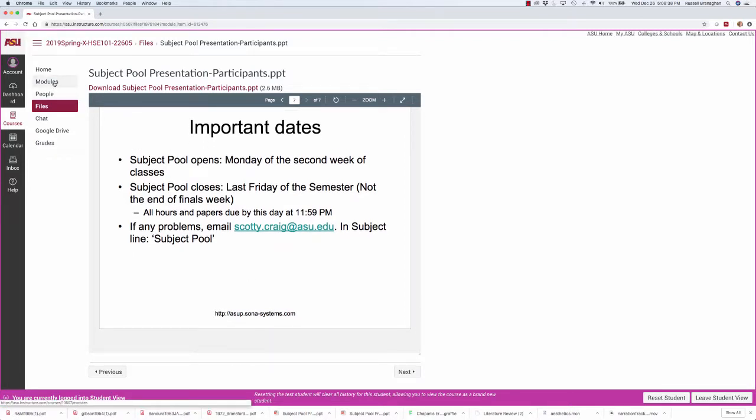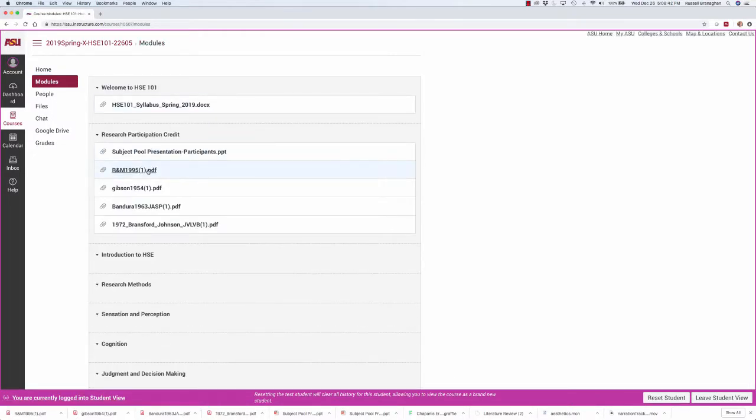If we go back to modules again, remember those articles that I was describing? Those articles are shown here. So this was, I think, Roediger and McDermott, who do a lot of work in memory. This is work by J.J. Gibson, who did a lot of work in sensation and perception.